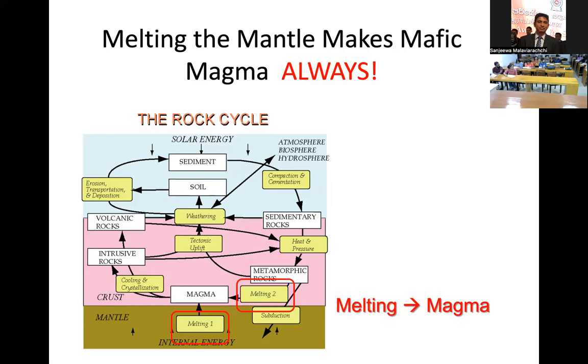Silicate mineral is the most abundant mineral, and then iron and magnesium, and calcium and aluminum are also present in the mantle. Okay, next.